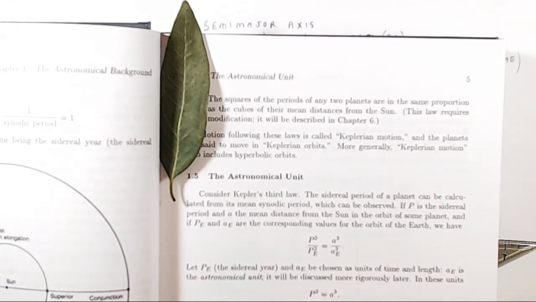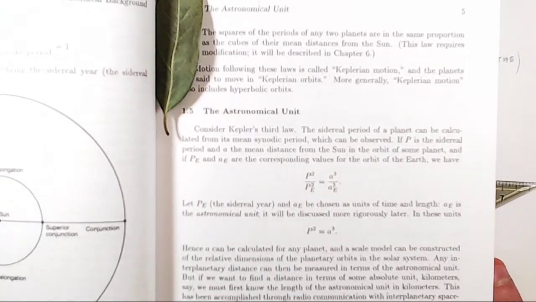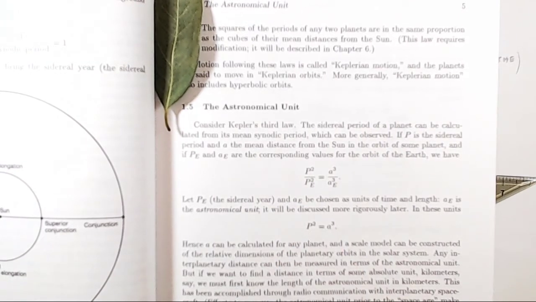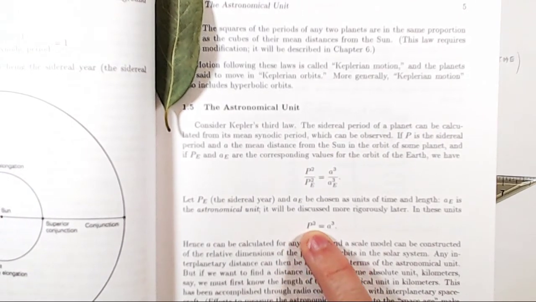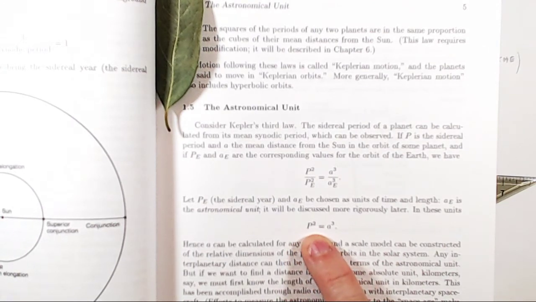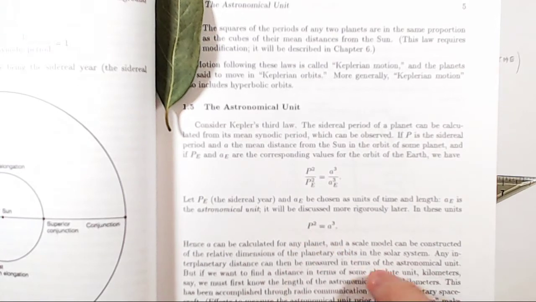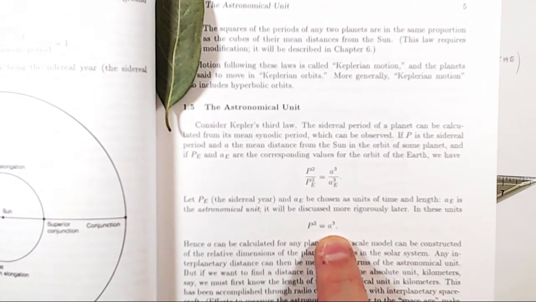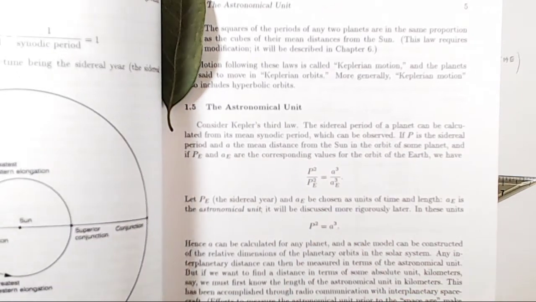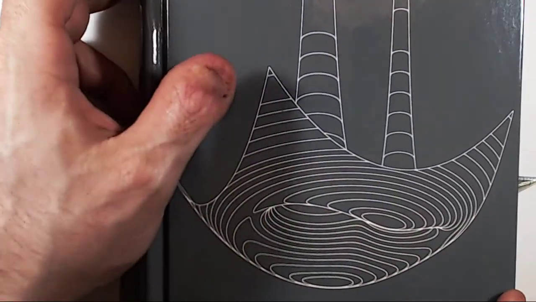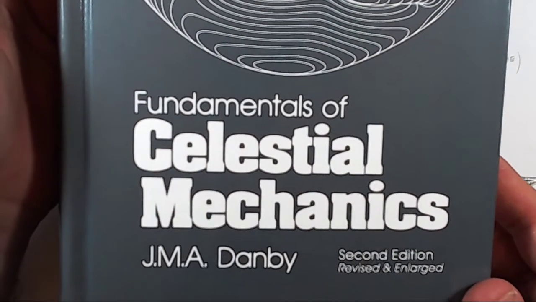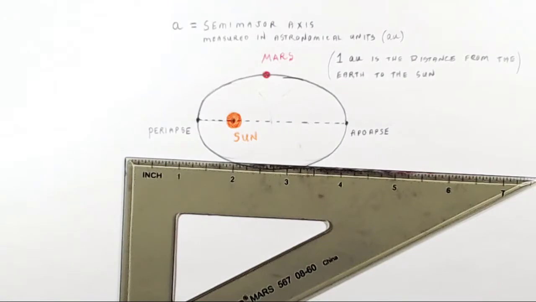The period right here, squared, so the period is the time in years squared of the planet orbiting the sun, is equal to the cube of the semimajor axis. So let's put the fundamentals of celestial mechanics away for just a moment.